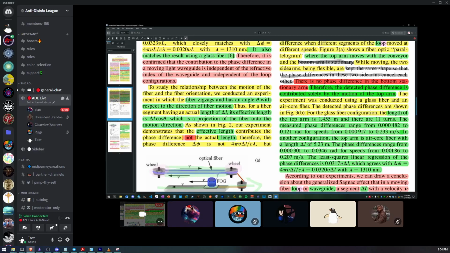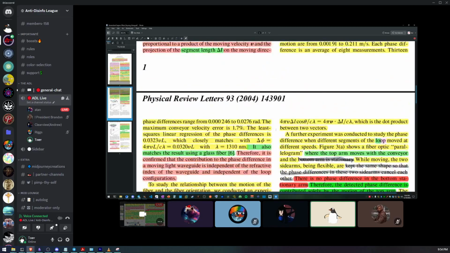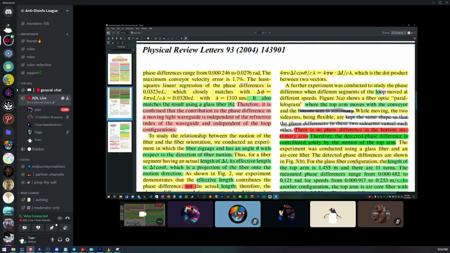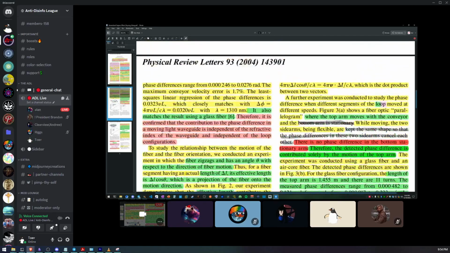Therefore, the phase difference delta phi is not 4 pi v delta L over c lambda, but it is 4 pi v delta L cosine theta over c lambda, which is the dot product between the two vectors.